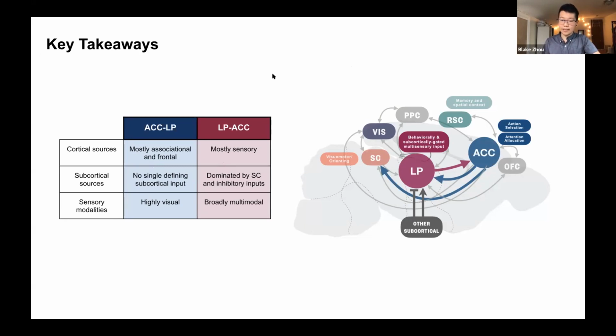Taken together, these data highlight the LP as a switchboard of sorts for thalamocortical communication across many areas, and it provides a roadmap for understanding how the LP interacts with frontal areas to modulate the selection and allocation of attention.